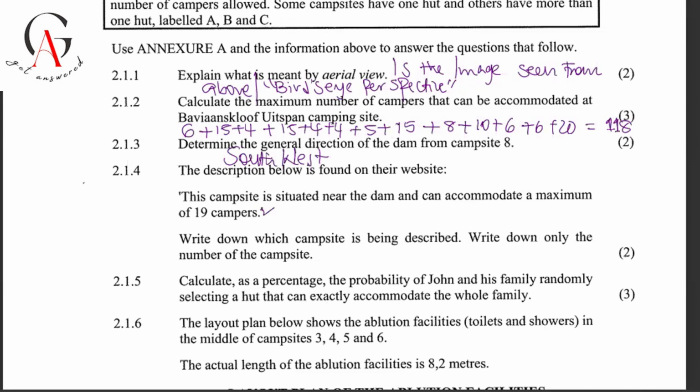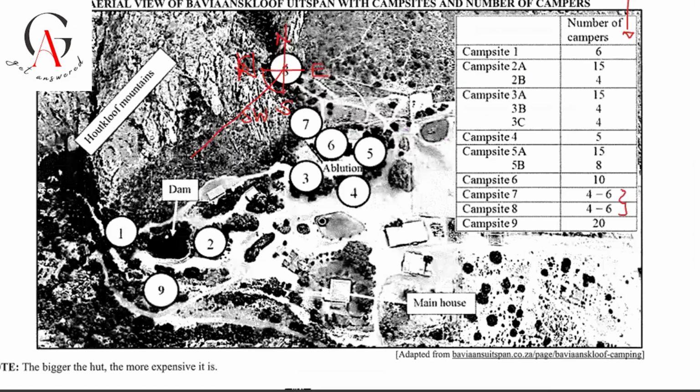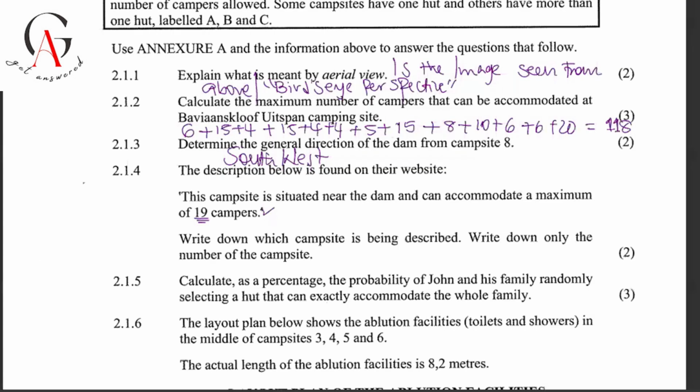Which campsite can accommodate 19? We just add up: 6, 5 plus, this is 19. Nothing else, because this is 23 and this is a 5. So we are looking at campsite 2. I said write down only the number of the campsite.